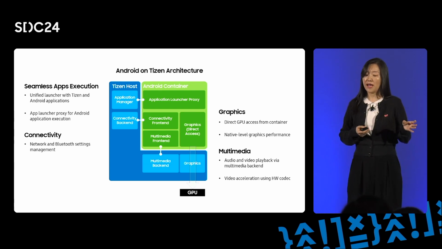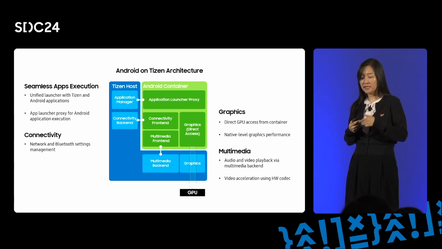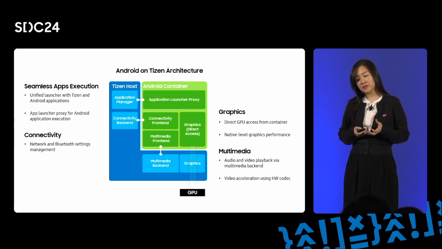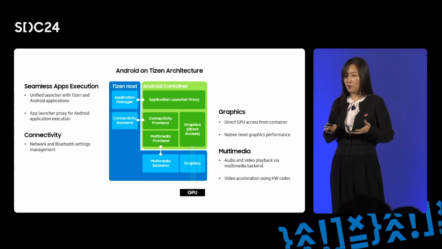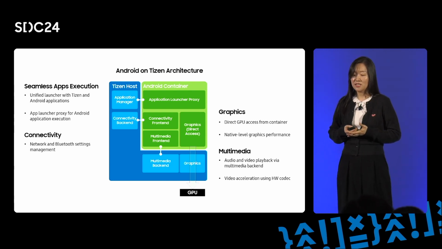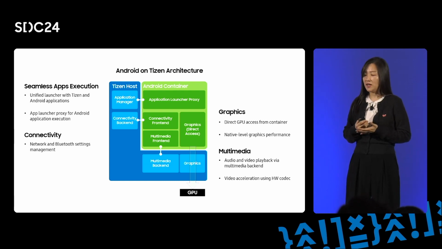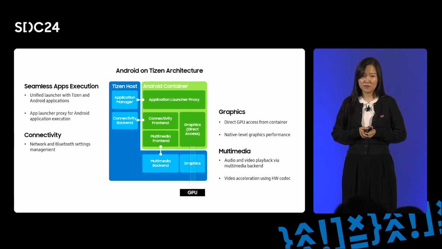This allows the Android container to directly access the GPU for native-level graphics performance. We've also integrated the package manager and application launcher from both Tizen and Android, enabling seamless installation and launching of Android applications on Tizen devices.